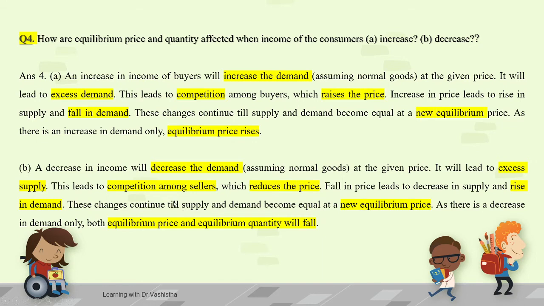So as you can see, I've highlighted decrease in demand that led to excess supply, further to competition among sellers that reduces the price, and then that causes a rise in demand. Further on, this play will lead to attainment of the new equilibrium price. As there is a decrease in demand only, both equilibrium price and equilibrium quantity will fall, and this position will be attained slightly below the older or the original equilibrium position.